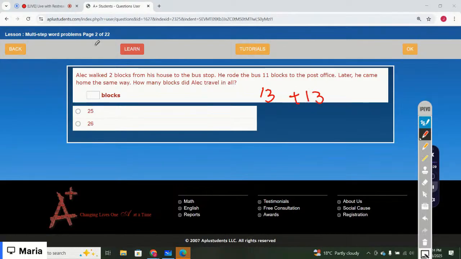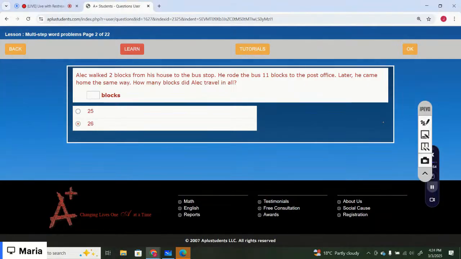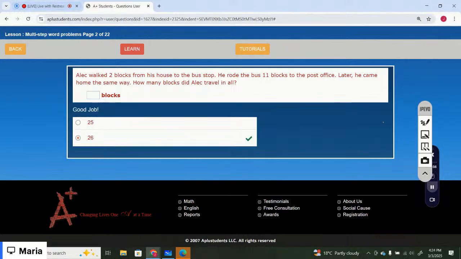So 13 plus 13 is 26. Option number 2 is the correct option.